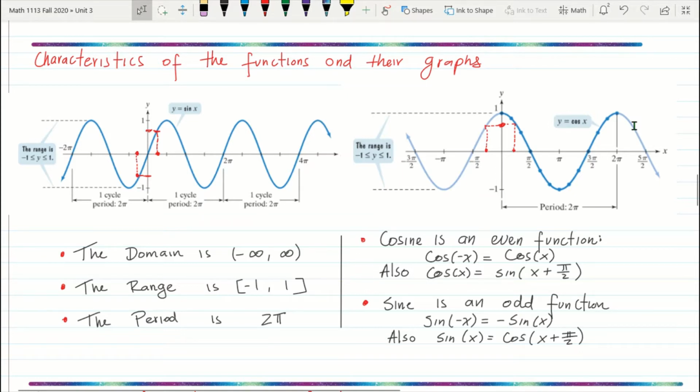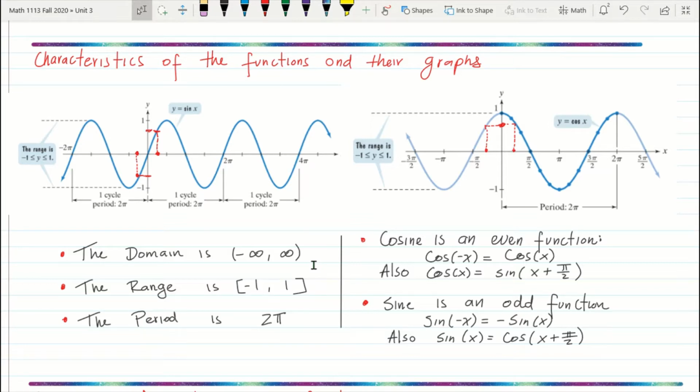So one important characteristic of both, actually, what they have in common, is that the domain is from negative infinity all the way up to positive infinity.